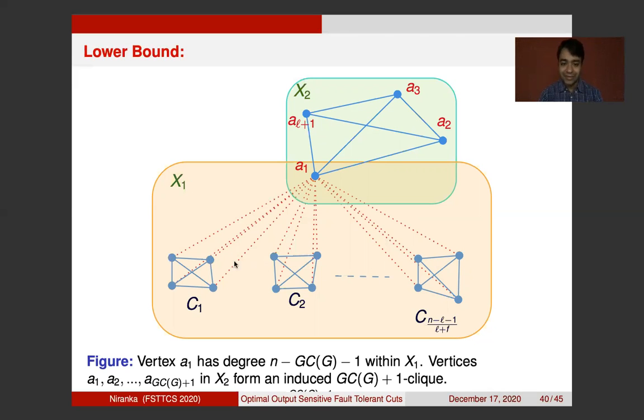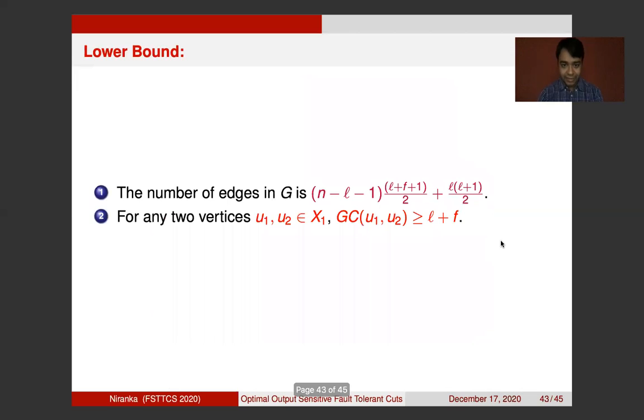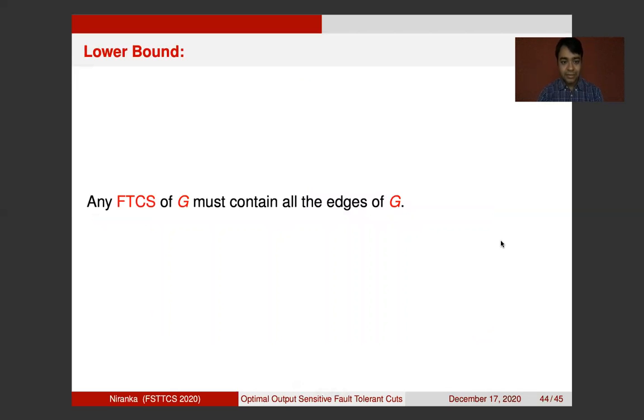We can do so by taking a case-by-case analysis of this entire graph and showing that fact. This shows that any FTCS of G must actually contain all the edges of G.